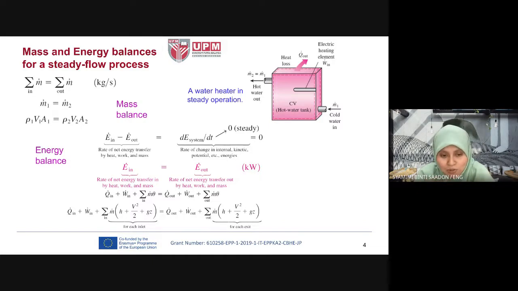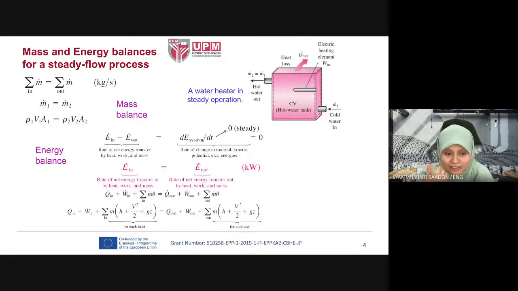And then it equals Q out, W out, the same thing. Q out is heat rejected. W out is work output, work produced, normally in a turbine. A turbine will produce work, from which we generate electricity, mechanical work. And then energy transfer by mass at the end. So what does this theta include?